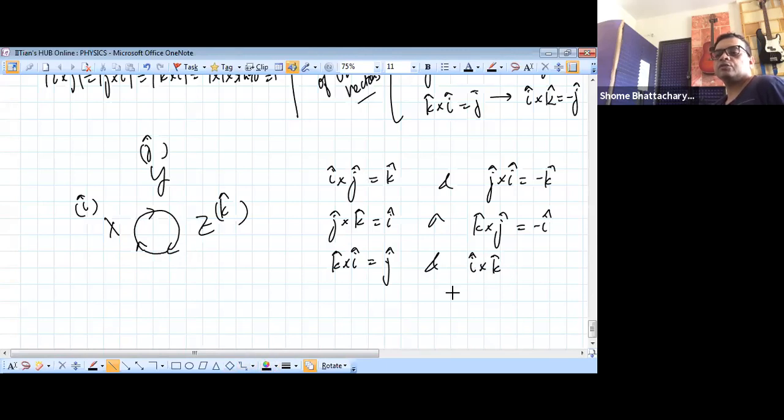So just remember, if you go clockwise according to the direction of the arrow, then you get a plus sign. If you go anti-clockwise, opposite to the arrow, you get a minus sign. This I, J, K clockwise order is the easy way to remember. Clockwise order for plus sign, and against the clockwise order, you get the minus sign.